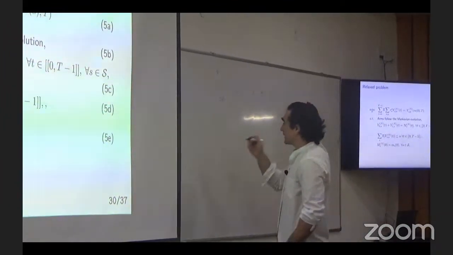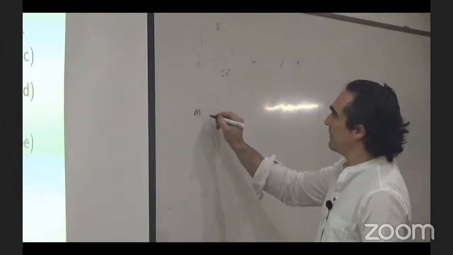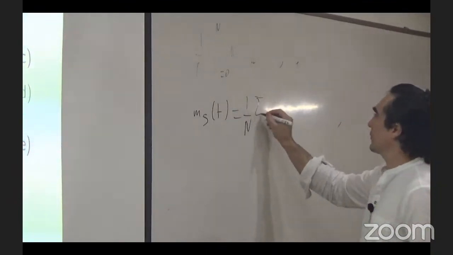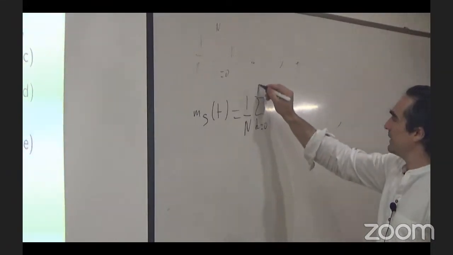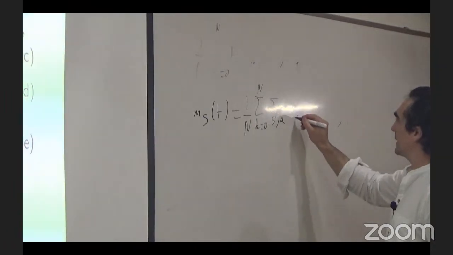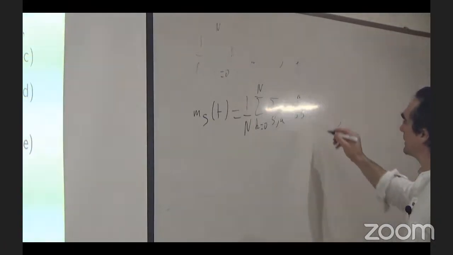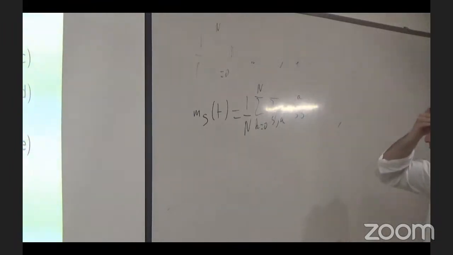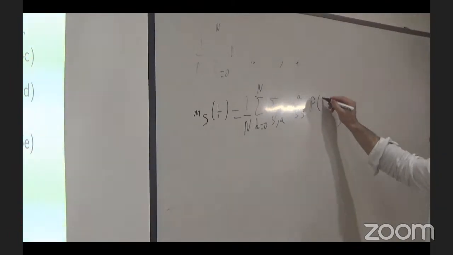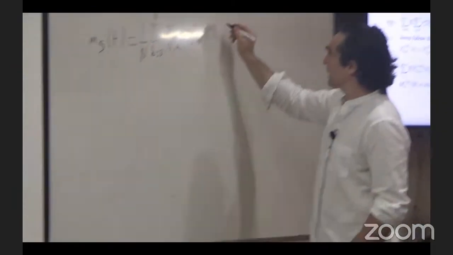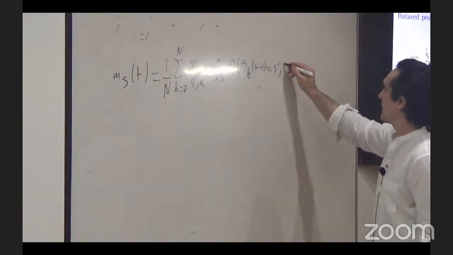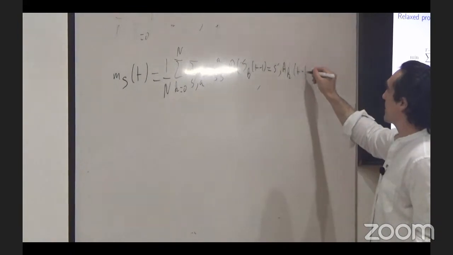Okay. So what do I have? I have ms of t, which is equal to 1 over n, summation from k is equal to 0 to n, summation from s prime a of p s prime s a, multiplied by the probability of sk t minus 1 is equal to s prime, and ak t minus 1 is equal to a.